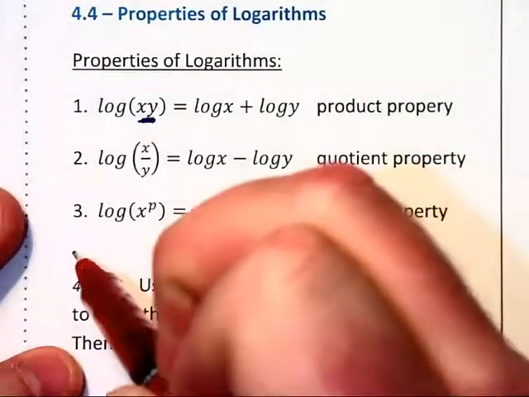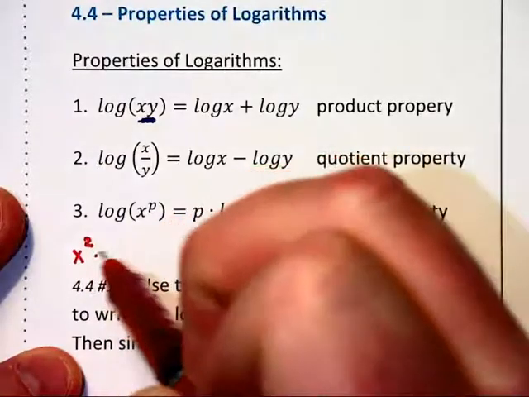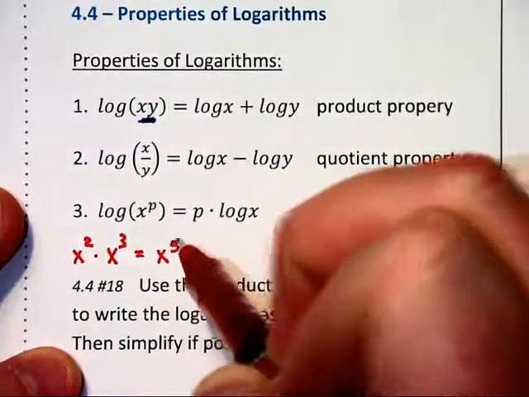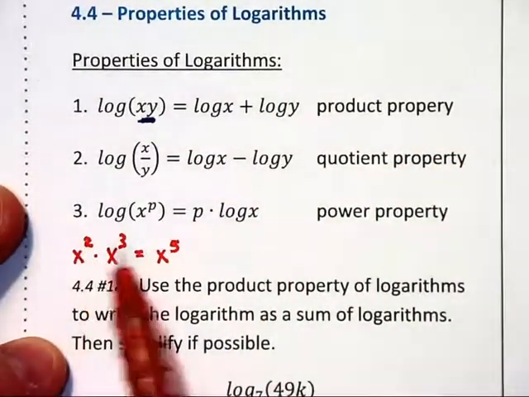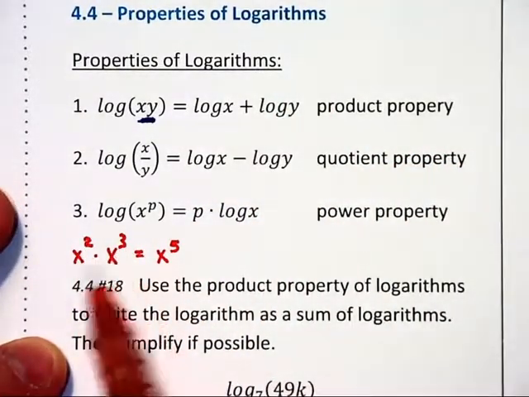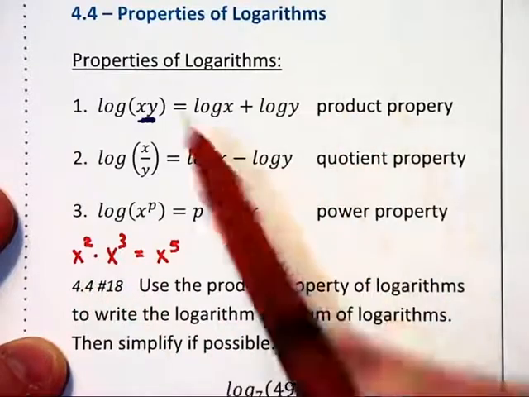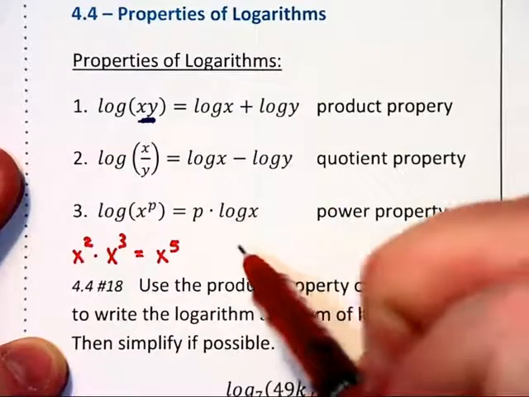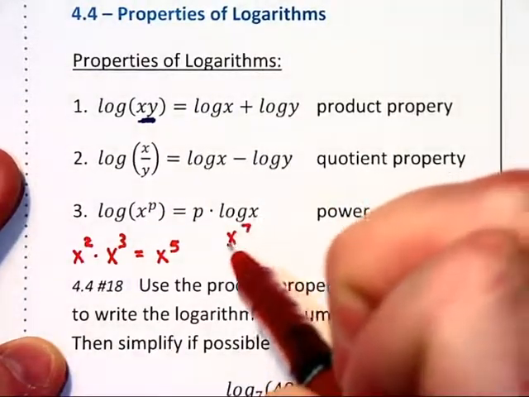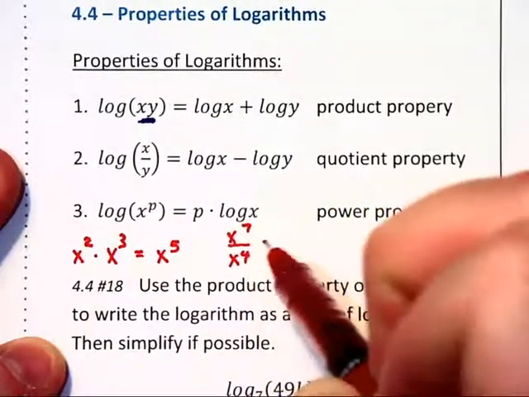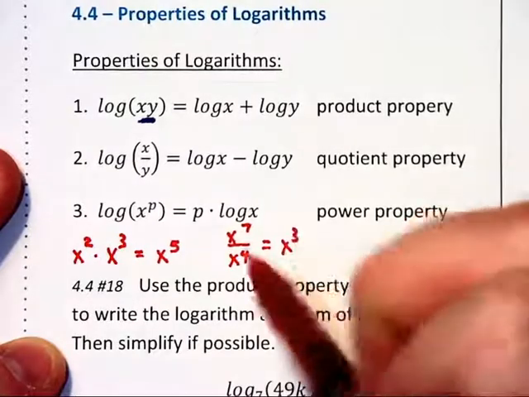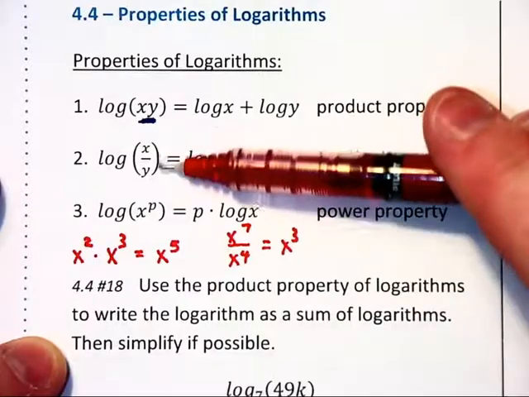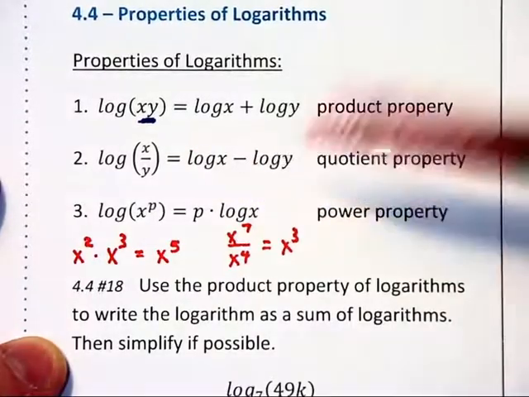You know, for example, x to the second times x to the third is equal to x to the fifth. When you're multiplying exponents, multiplying bases, you add exponents. Here, when you multiply inside the argument, you add logs. If you had x to the seventh divided by x to the fourth equals x to the third, you're dividing x's, but you subtract exponents. You're dividing inside the log, you end up subtracting the logs.